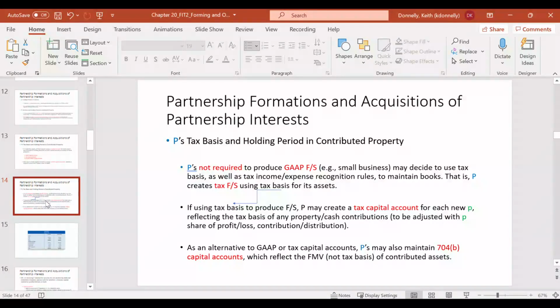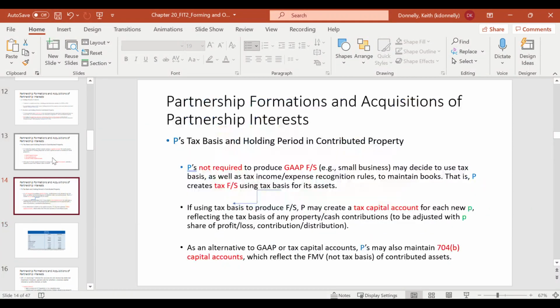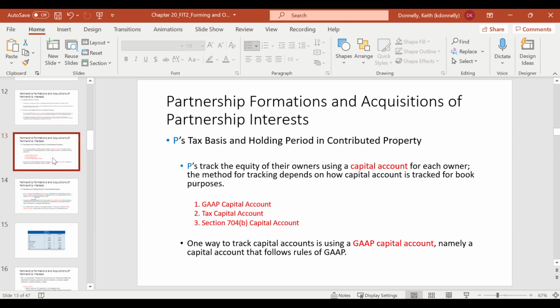You can read this and look at it. I'm less concerned about it. I think basis is a lot more important. So capital accounts are just equity accounts. They're showing another way of ownership interest. Similar to basis, but different. I don't necessarily want to go down that rabbit hole right now.